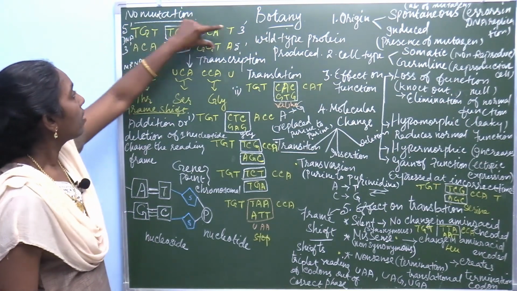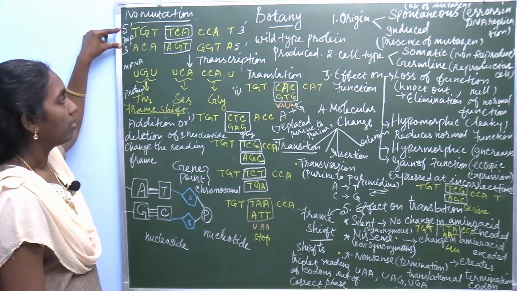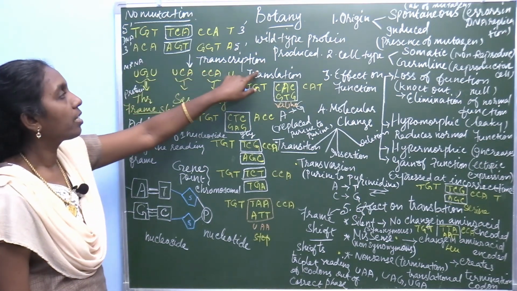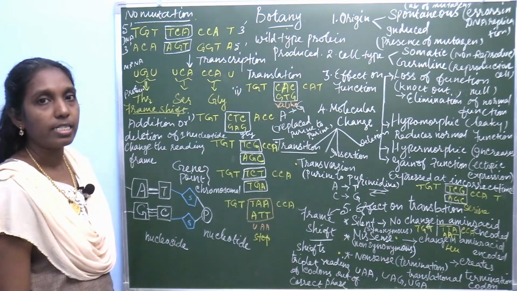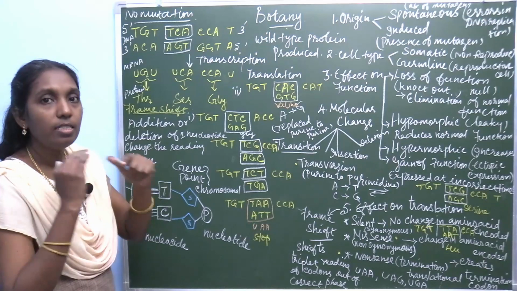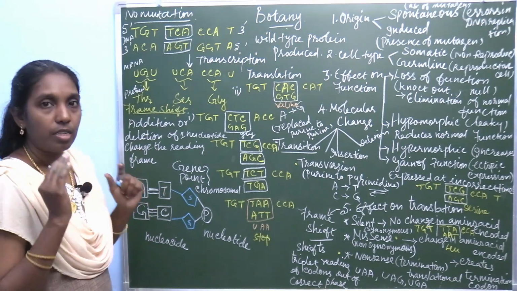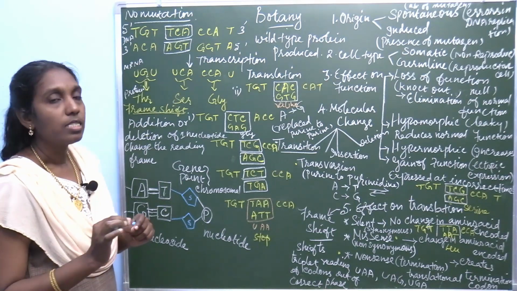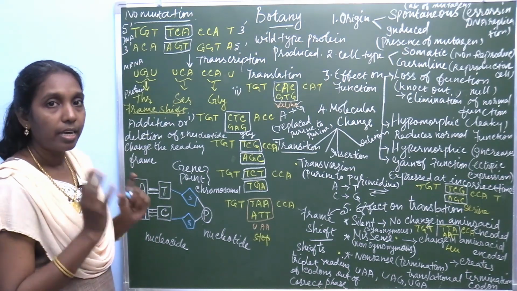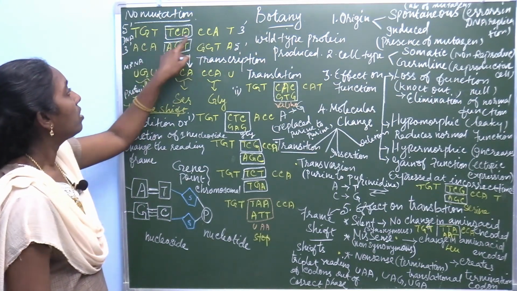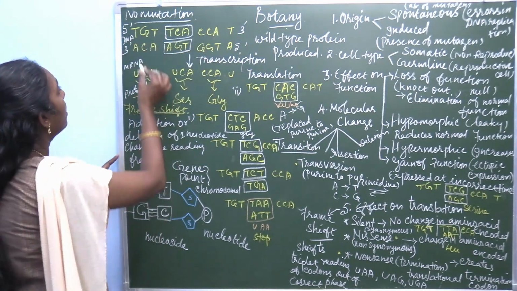From this DNA sequence, there is transcription. What's transcription? The messages in the DNA present inside the chromosome carry the hereditary characters in the form of codons, a triplet code.